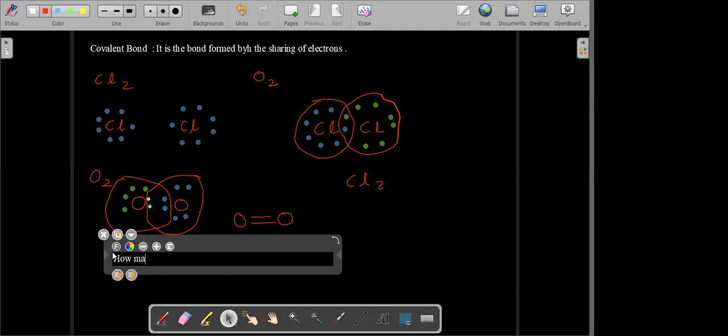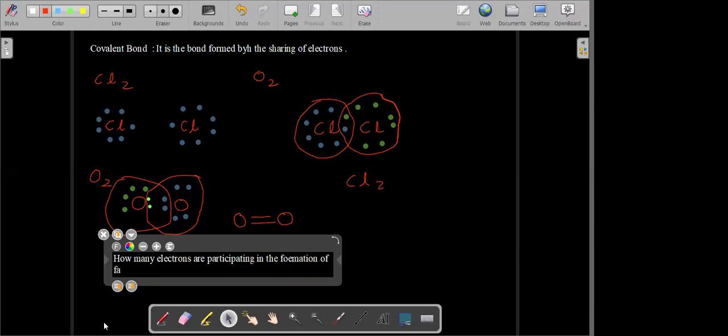Two, sir? All right. The answer is correct. It's 2. How many electrons are participating in the formation of a double bond? When a double bond is formed, there are 4 electrons which are participating.